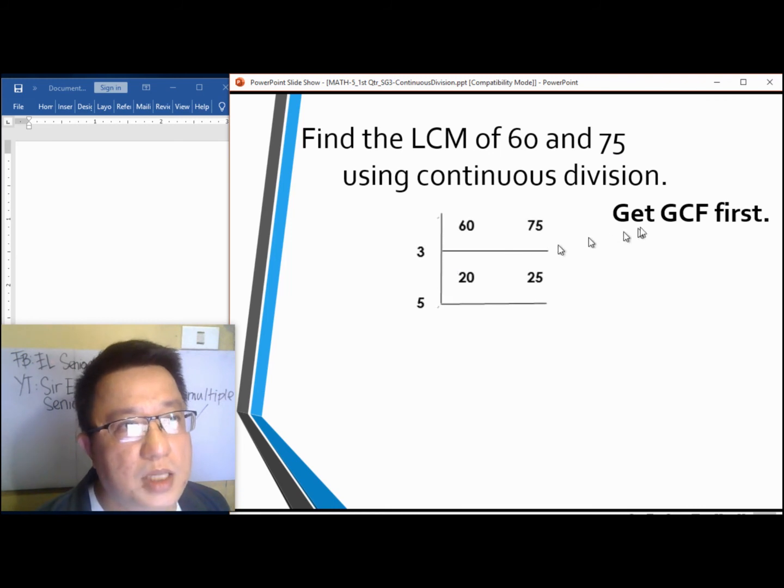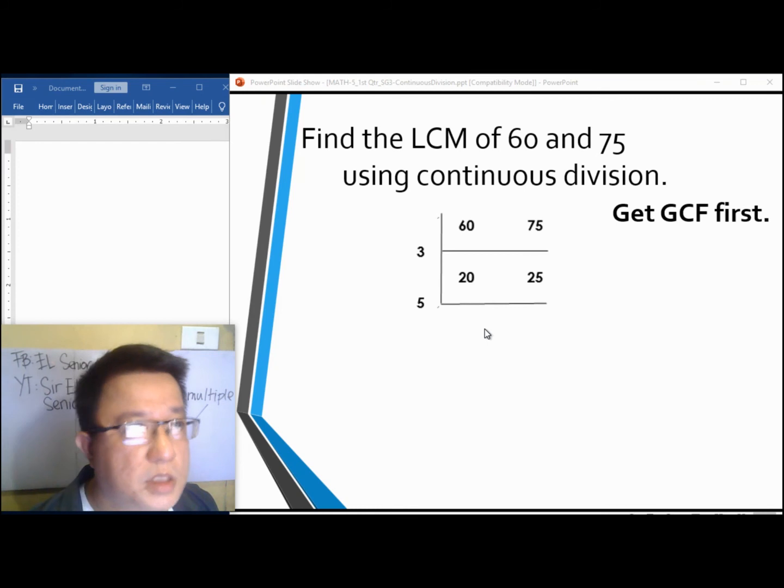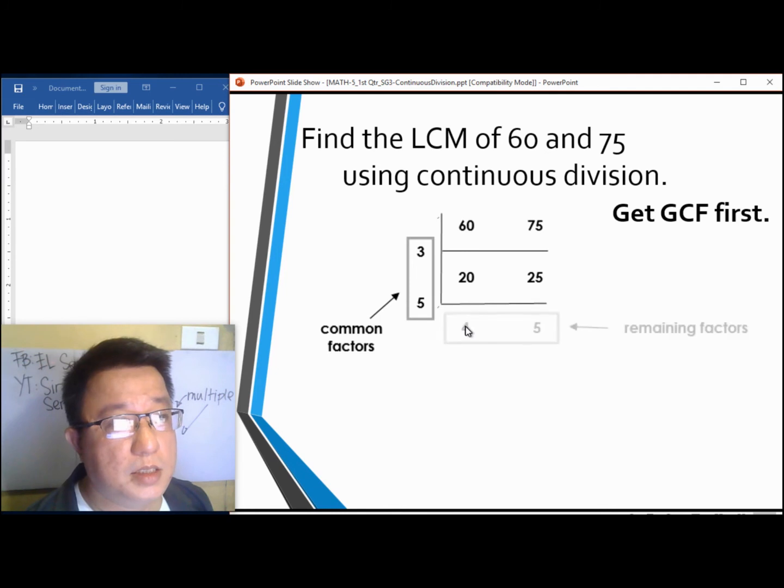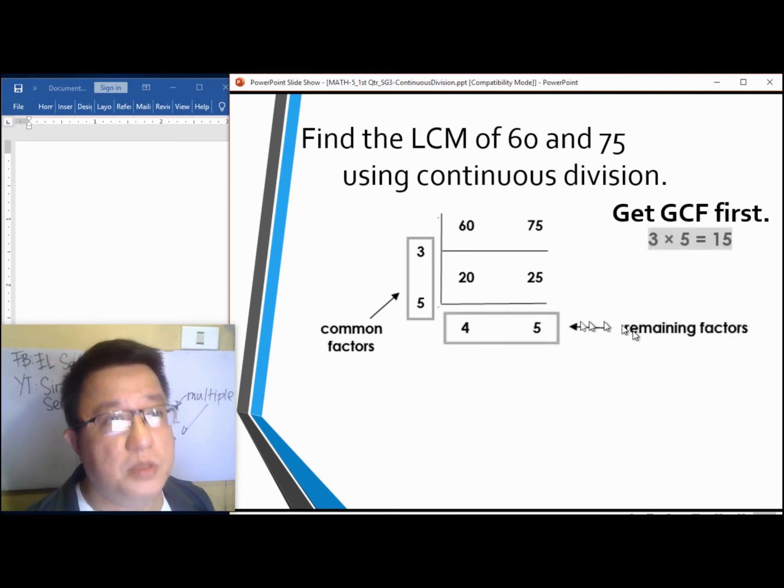Earlier, we already got the GCF. The GCF of 60 and 75 is 3 times 5, 15. And then the remainders here are 4 and 5. So 4 and 5 are the remaining factors.